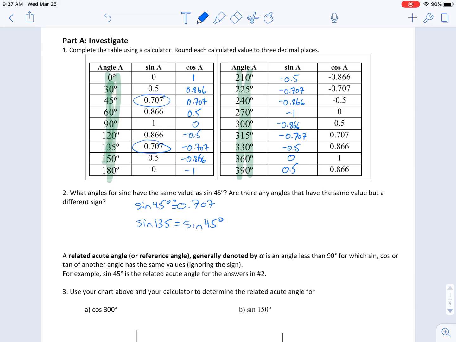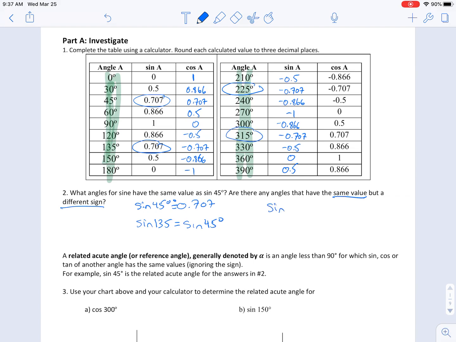Are there any angles that have the same value but a different sign, i.e. are they negative? If we go to the right side of this table, the sine of 225 gives us a negative, and the sine of 315 also gives a negative.